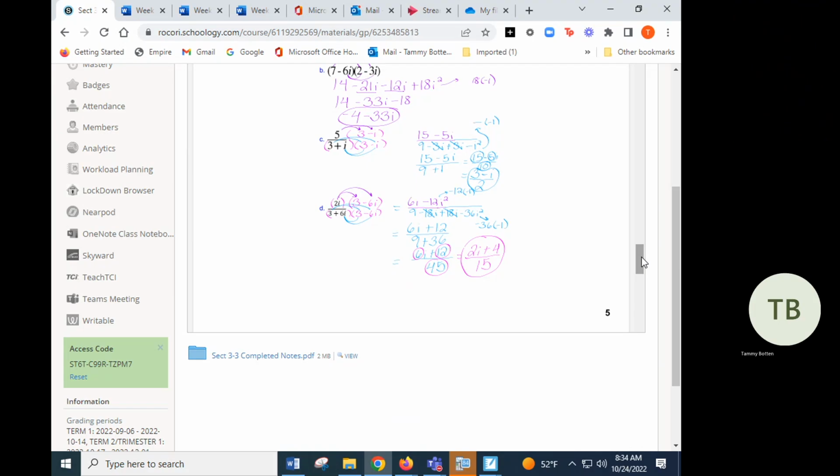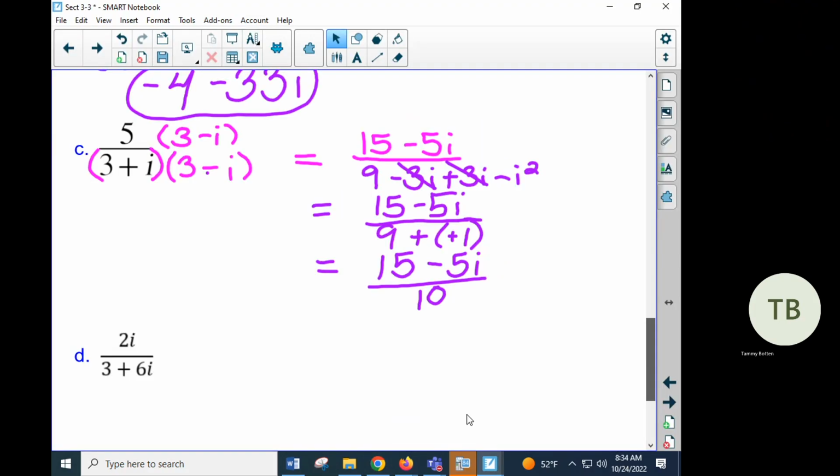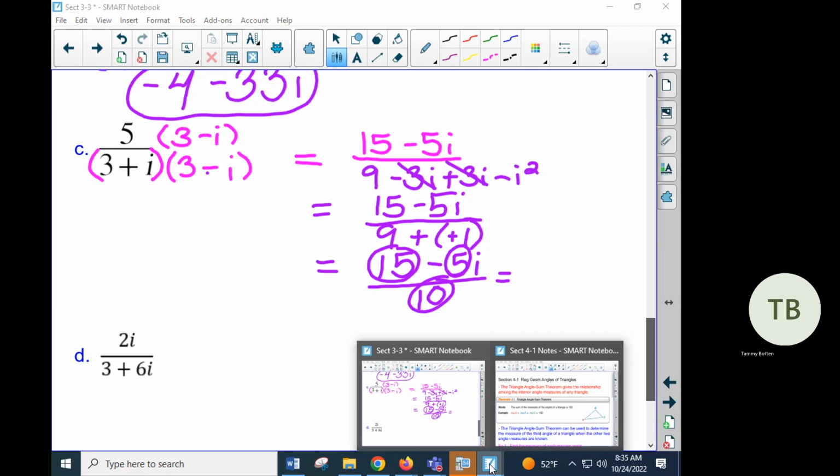So if we were on a test, I would probably be fine if you guys left it like this. But if you see that the same number goes into all three of these, what you can do is divide each of these by 5 and simplify it.